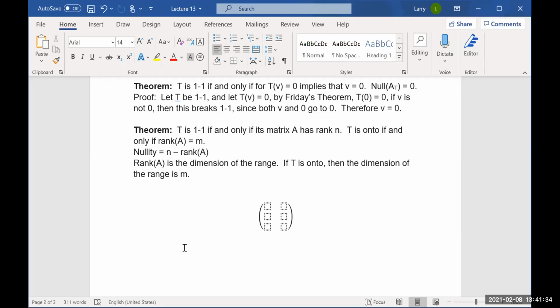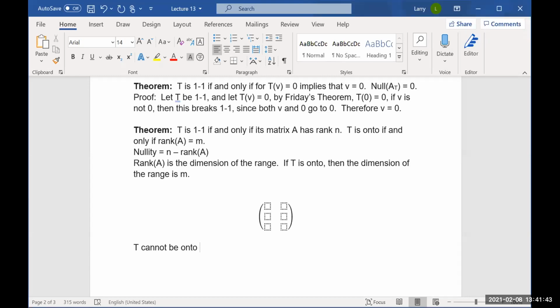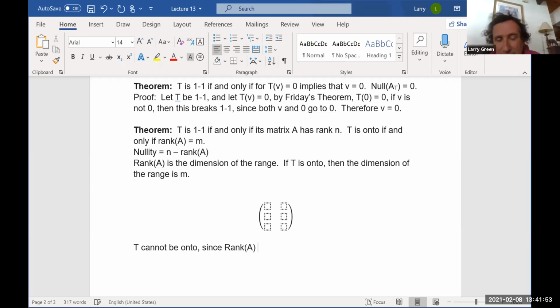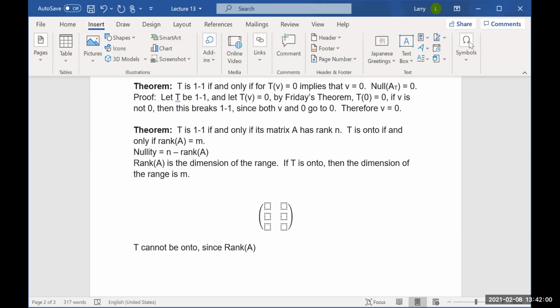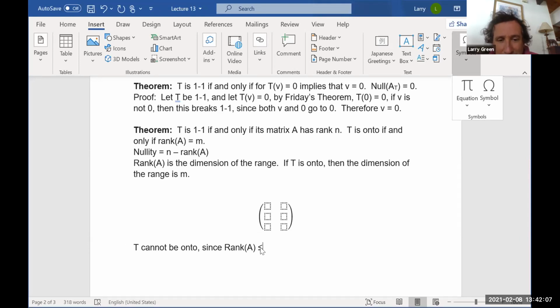Because it's impossible for M to be the same as the rank of A. All right. Because we know that the rank of A is definitely not bigger than, is less than or equal to what?